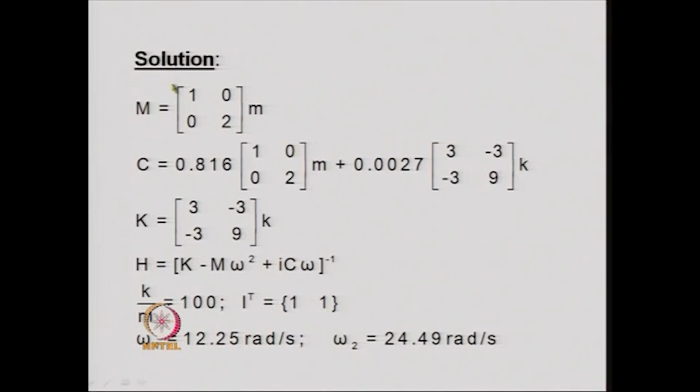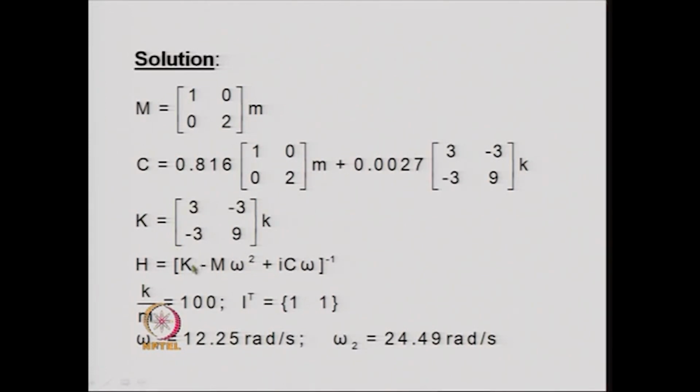So, we know the mass matrix, we can construct the C matrix from the relationship alpha m plus beta k, and alpha and beta can be obtained from the two frequencies that you have obtained. So, the alpha value has become 0.816 and the beta value is 0.0027.